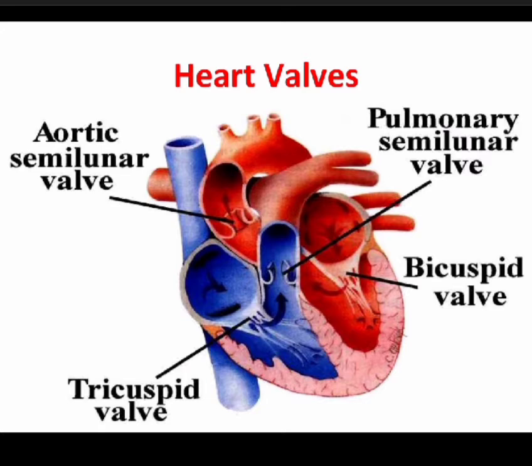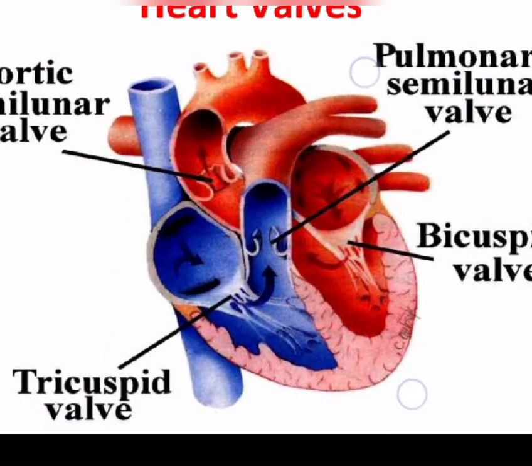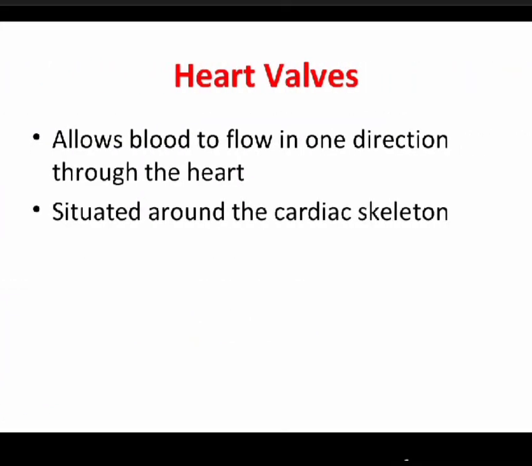Then we have the bicuspid valve, which is also between the right atrium and then ventricle. So let's keep that information in mind.